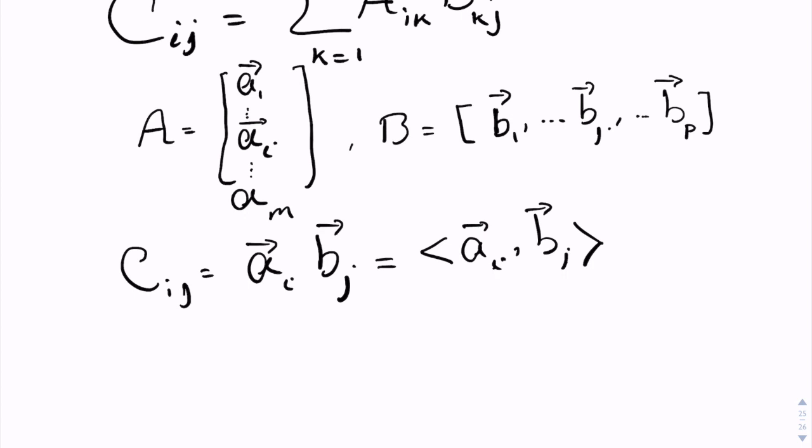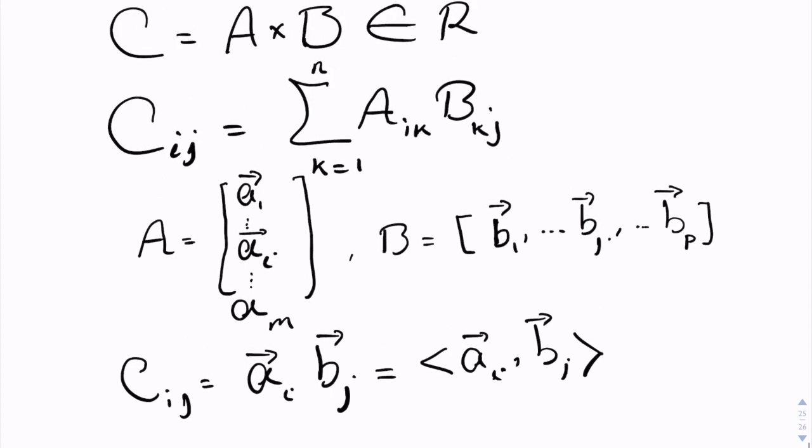Also I would like to mention in here, we have different types of matrix multiplication. This is the standard form of the matrix multiplication. We also have the element-wise matrix multiplication. That means we are multiplying element by element.